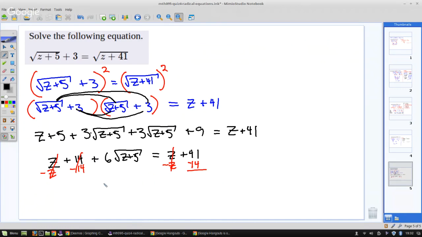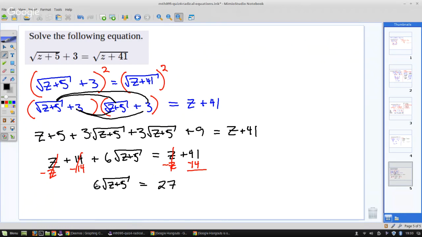On the left, we have still a 6 times the square root of z plus 5. On the right side, the z's got rid of each other. 41 minus 14, let's see, that takes us down to 27, does that sound right? Let's see, 27 plus 14 is 41, yep, okay.